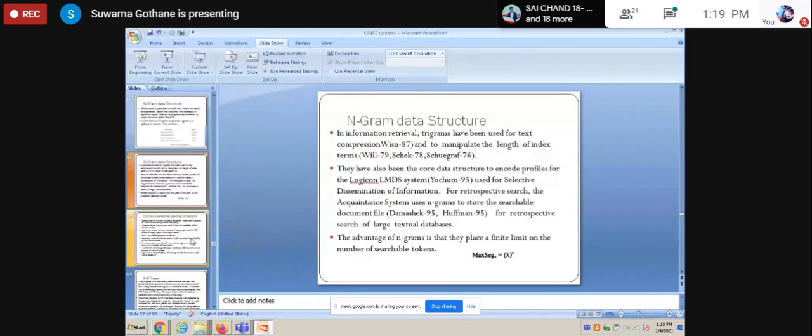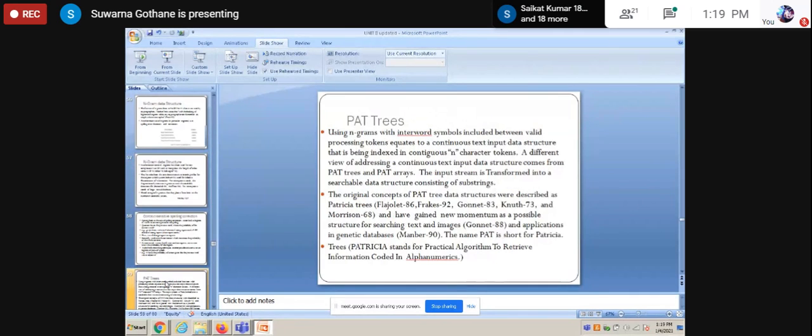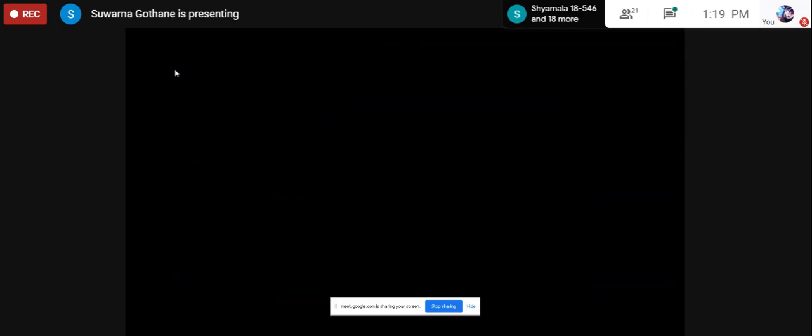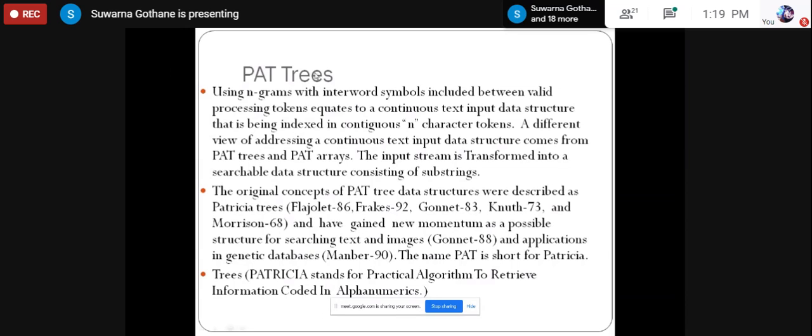Okay, so the next concept is PAT. What is this PAT? PAT is also one of the data structures. It is called a PAT tree. Earlier we have seen stemming.